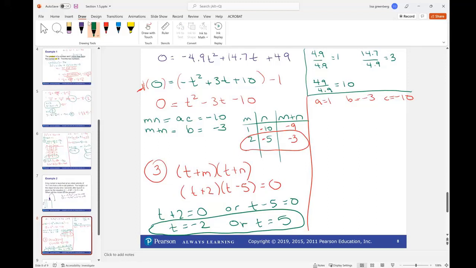Could the rocket ship hit the ground 2 seconds ago? Obviously not. So we can just say this is called an extraneous solution. That solution doesn't make any sense for our problem because our problem is in time and time is always positive. Our answer is t equals 5 seconds.